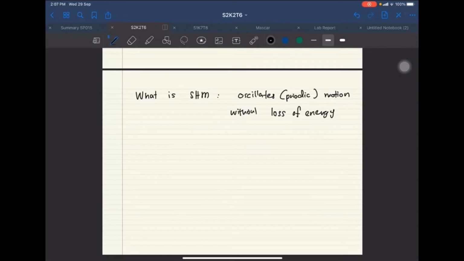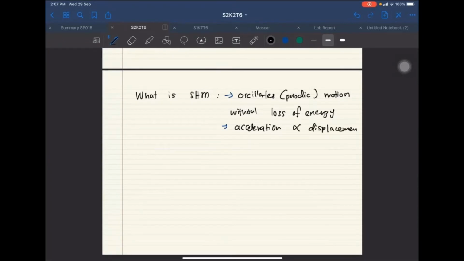Okay, and then one of the key things that is also in the definition is the acceleration. How about the acceleration? It is directly proportional to displacement. I'm going to use short form.